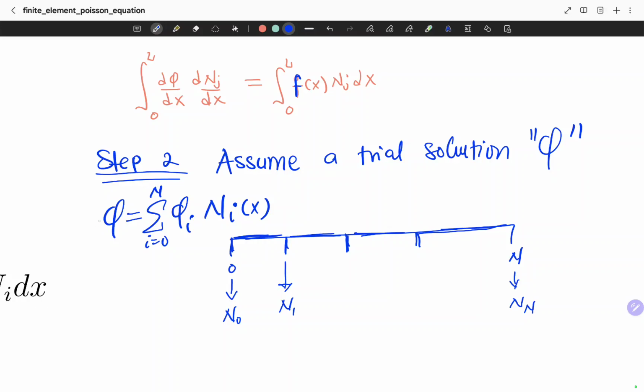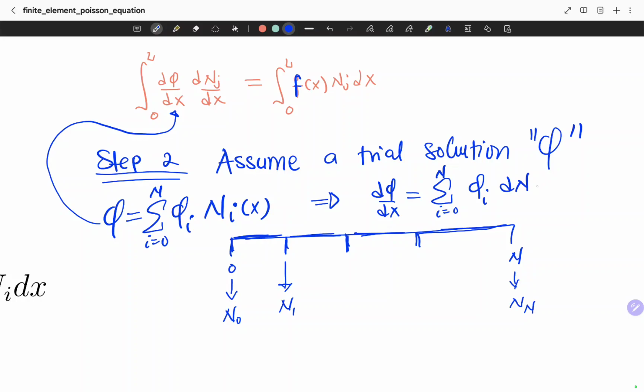Now if you substitute this here, this means del psi by del x would be the sum over I equals 0 to n of psi I del Ni of x by del x.